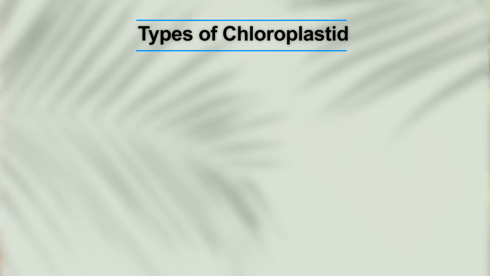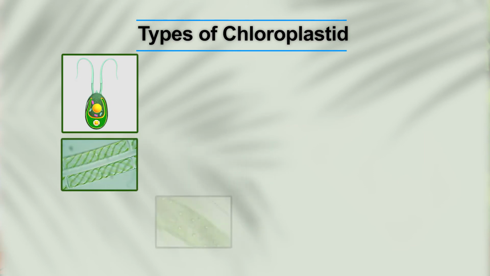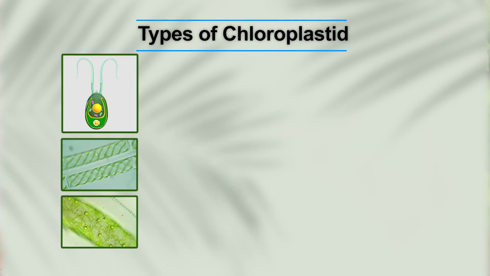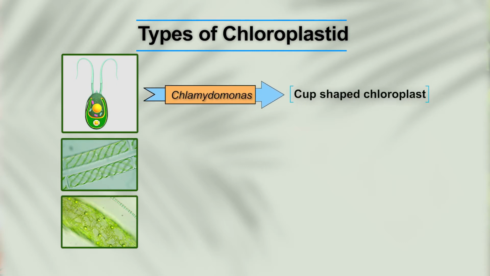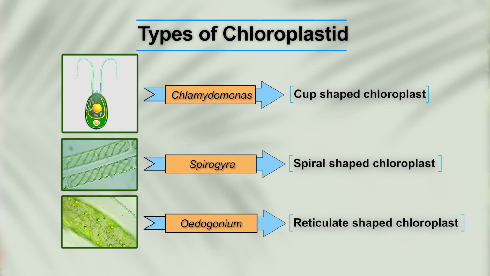At the same time, the chloroplastid itself can be of different types. There may be the chloroplast, that is the compound chloroplast, which is present in different forms of green algae. Like in Chlamydomonas, the chloroplast is cup-shaped. In case of Spirogyra, which is a filamentous algae, the chloroplast is spiral, or it can be reticulate in case of another filamentous green algae, which is Oedogonium.